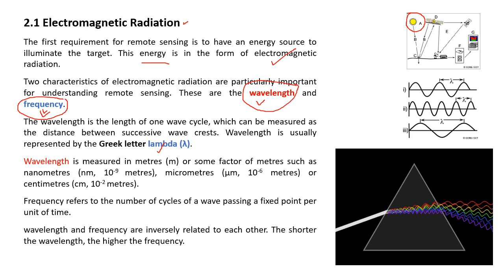What is the unit? How is it measured? It is measured in metric units, meters here. So meters you can divide into nanometer, micrometer, or centimeter. Generally, they give the information in micrometers, and they can give in nanometers also.